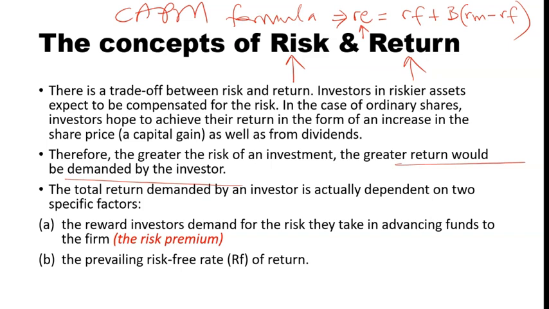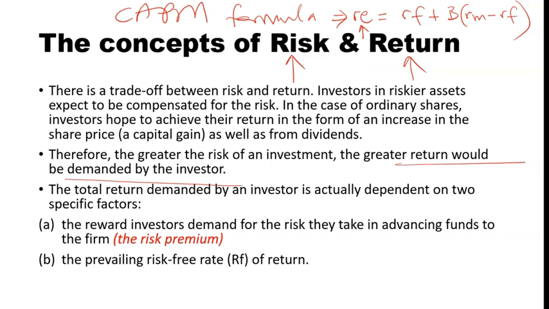A government cannot go bankrupt. So to loan a government is usually a risk-free investment. The return expected on those treasury bonds is the prevailing risk-free rate. So in the exam, when you're given the rate at which the treasury bills are going, you have to assume that rate is the risk-free rate of return.